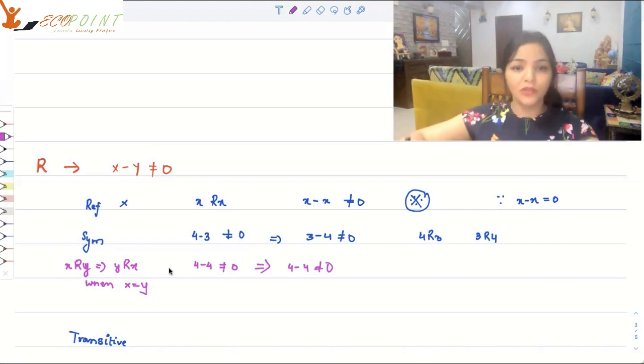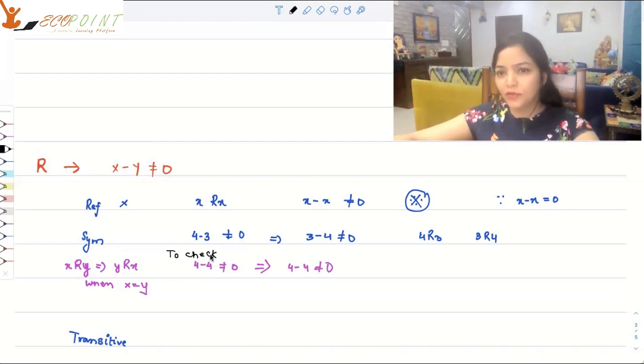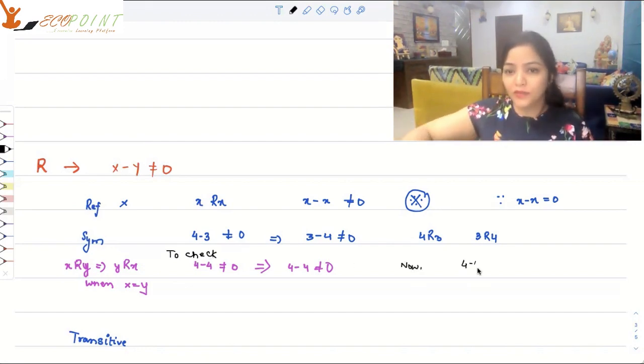Okay, so this is what you want to check. Now the fact is that 4 minus 4 is not equal to 0 is incorrect. 4 minus 4 is in fact equal to 0. So 4 minus 4 is not equal to 0 is a false statement.